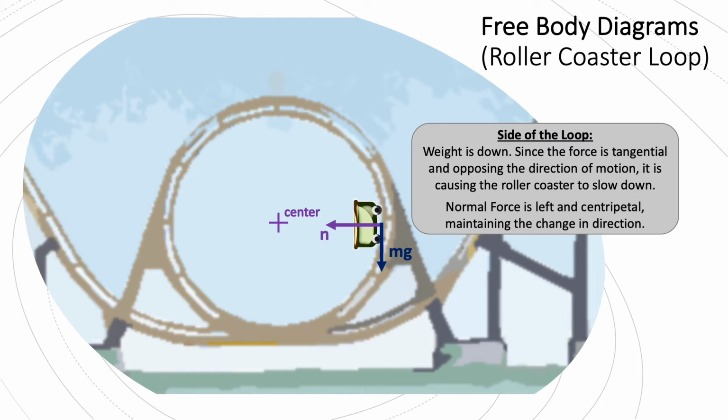The weight is down, and since that force is tangential to the circle, weight at this point is slowing down the roller coaster. The normal force is pointing to the left and toward the center, and therefore it's the normal force which is responsible for the change of direction.